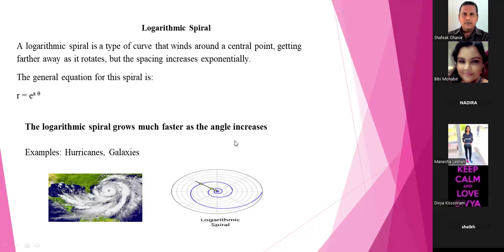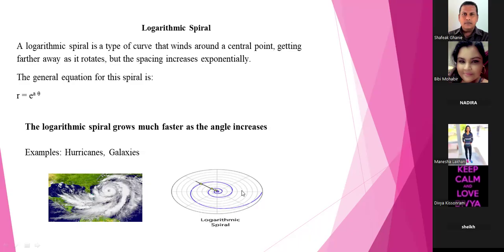Now, r is the radial distance, the distance from the center to any point on the spiral. We have theta, which is the angle, and it is measured from the positive x-axis, and it goes around.